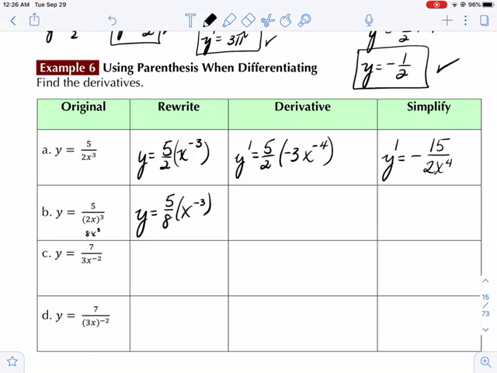So using parentheses when you're differentiating helps to separate the constant that you're pulling out front from the part you're going to take the derivative of. So you have y prime is equal to then 5/8 times that negative 3x to the negative 4 power. And so your final answer here is then negative 15 over 8x to the 4th.